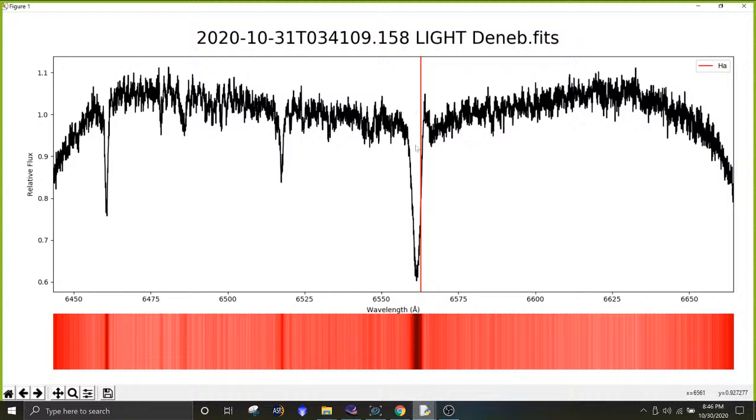That profile is caused by the fact that Deneb actually pulsates, and there's an expanding lobe of gas that has hydrogen and emits light. What we see here is absorption from the star itself and emission from that lobe of gas, which is what we can see right here in this part of the spectrum.